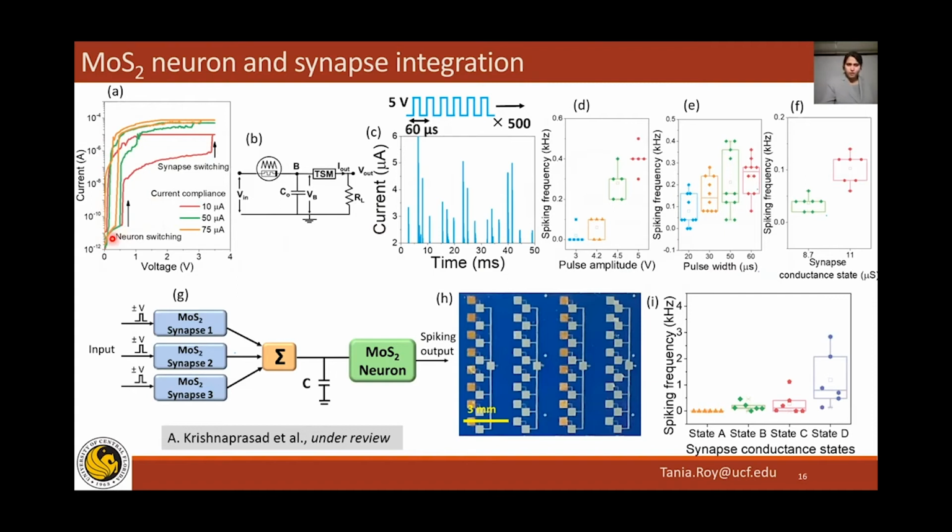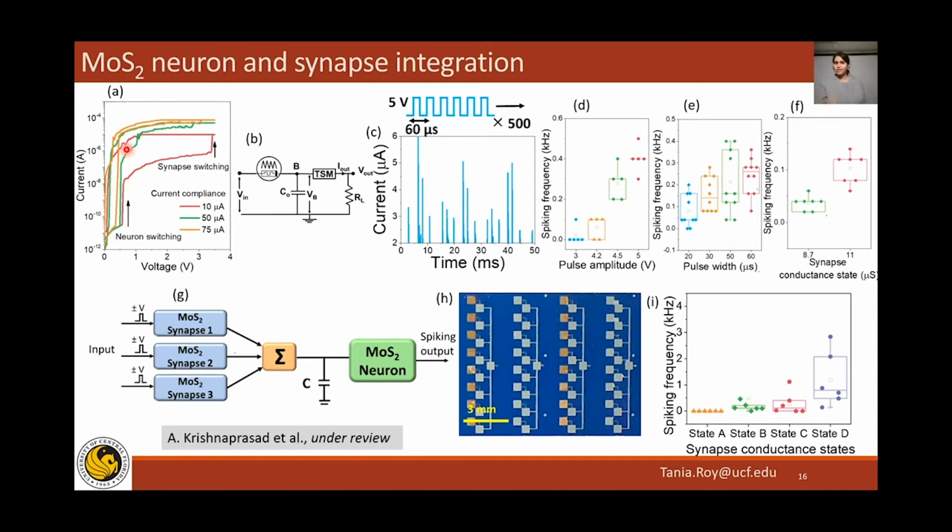The current comes back, but when we sweep again and this time clamp at a higher value, first the neuron switches, and then the synapse's current is dominating. So it is already remembering the last state.